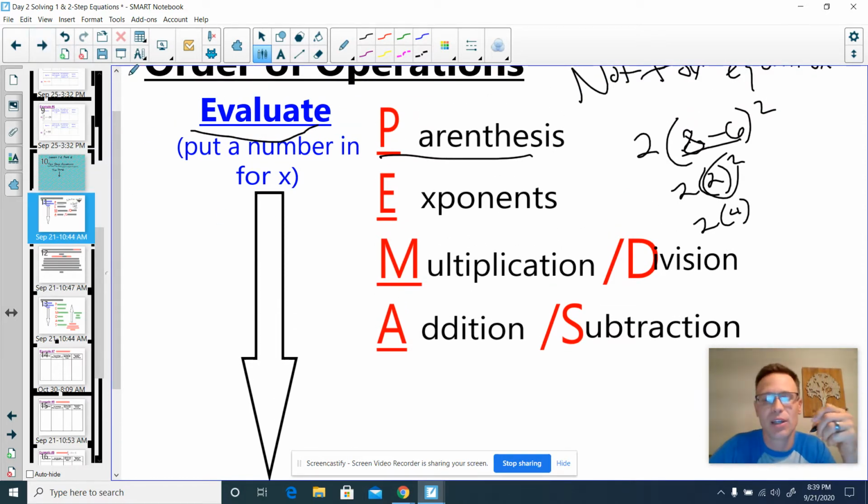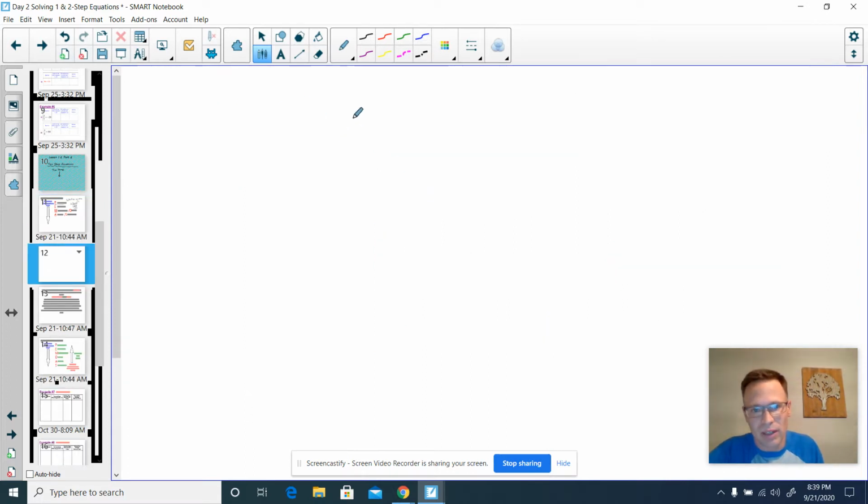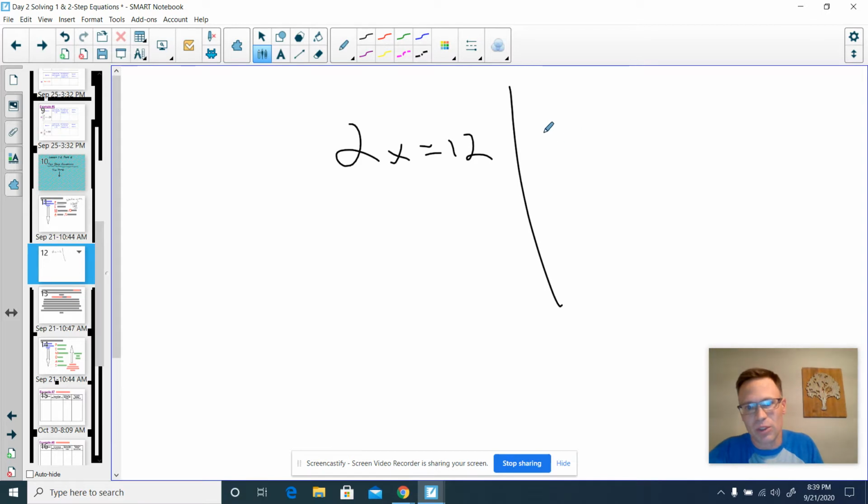That's what we've learned in the beginning, right? In last class, we talked about solving one-step equations. What we talked about was undoing what is happening to x, right? So for example, if I give you something like 2x equals 12, we would say, what happens to x? We wrote our forward step, and it would be multiply by 2.